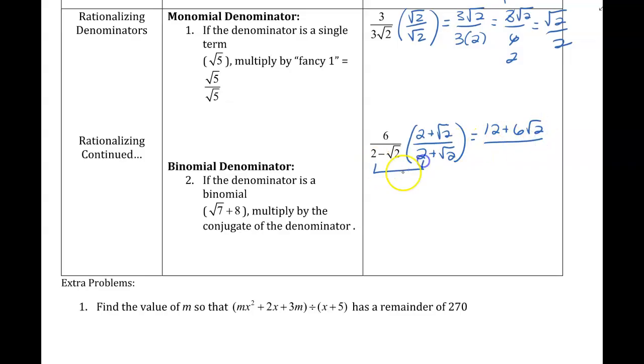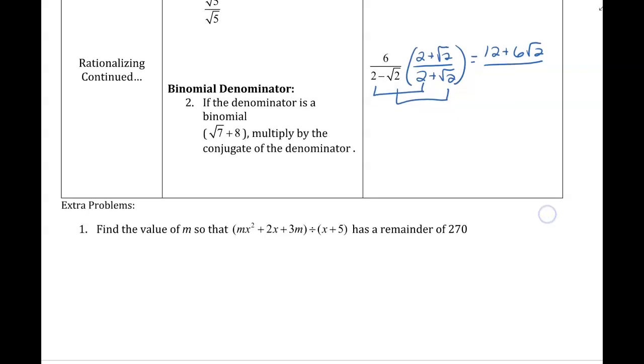In the denominator, multiplying the first terms and last terms, I can do this because they're conjugates of one another, and I can use that shortcut. When we multiply those, we're left with 4 minus radical 2 times radical 2 is just 2. I can clean that up. 4 minus 2, that gives us a 2.